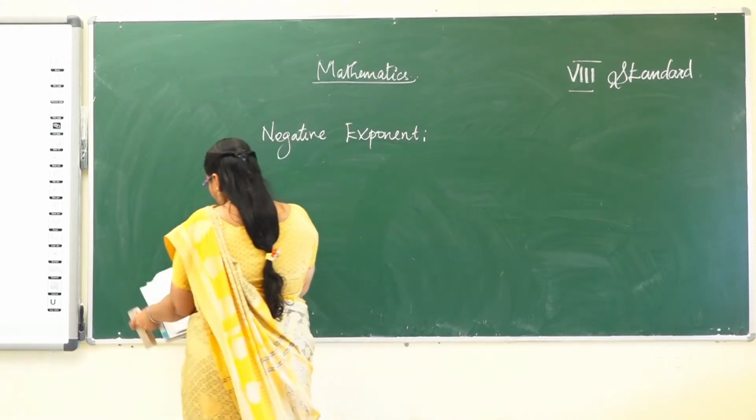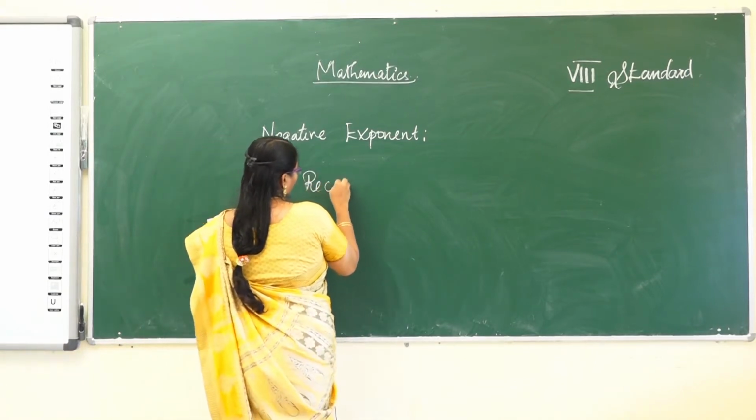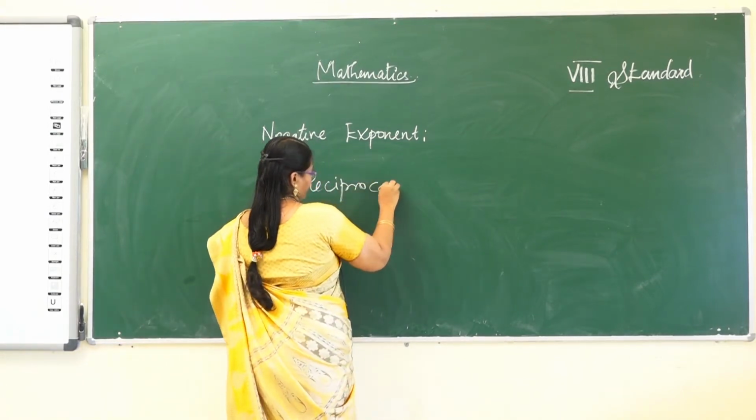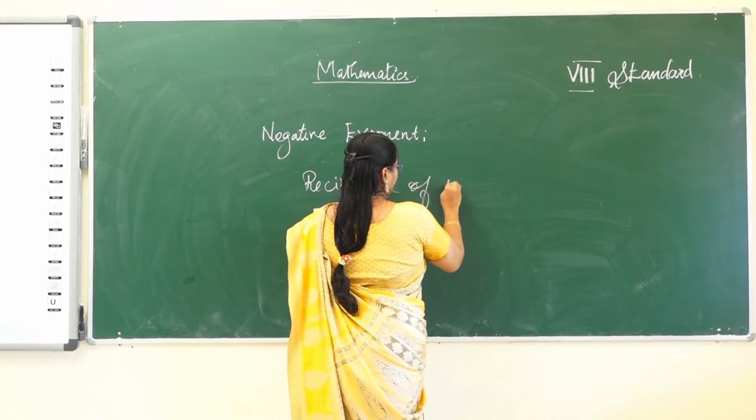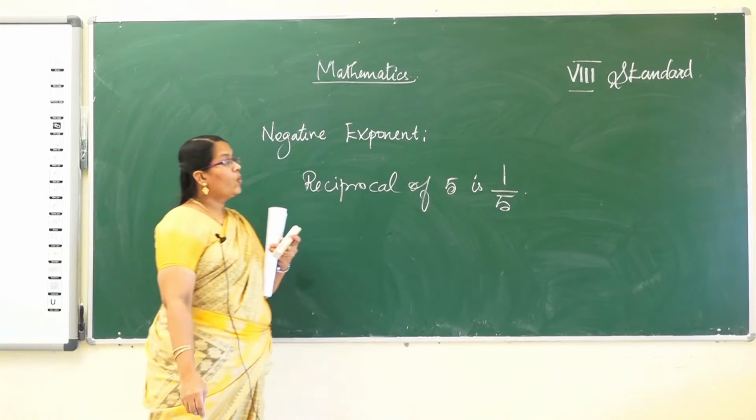Today we are going to learn the negative exponents. So negative exponent, for example, the reciprocal of 5 is 1 by 5.